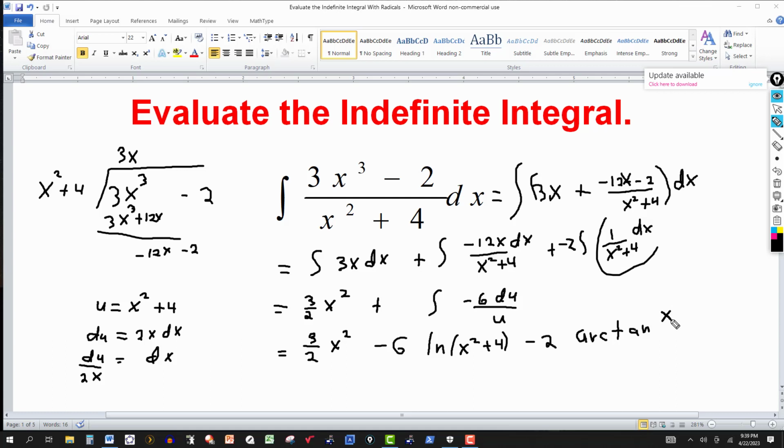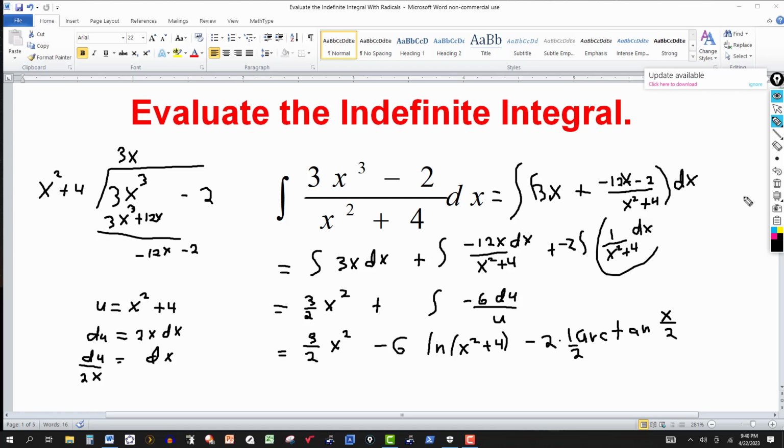A is 2, because 2 squared is 4. And then the coefficient is 1 over a, so I just put a 1/2 right here.